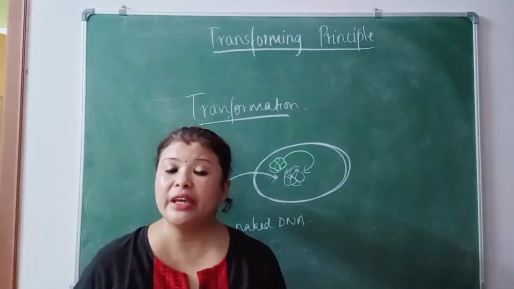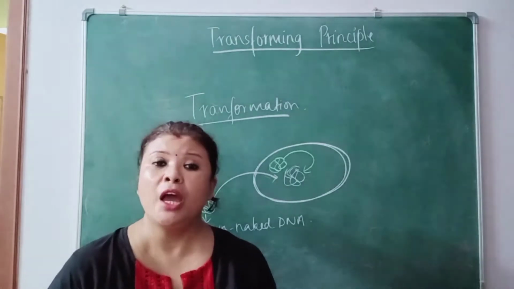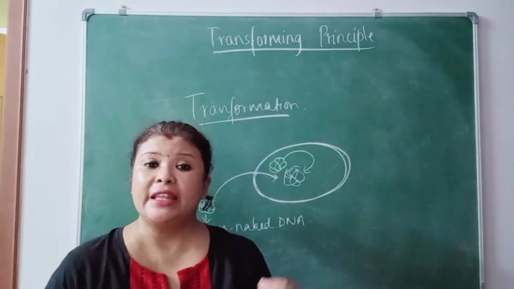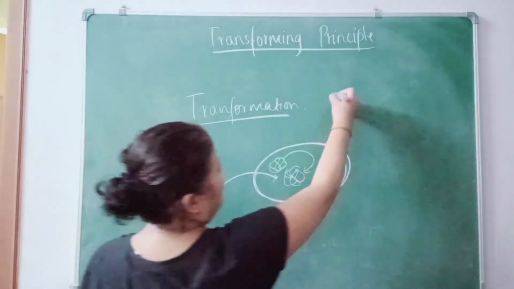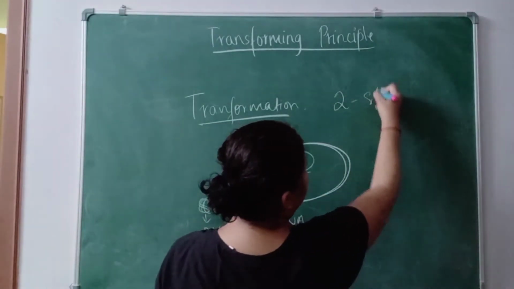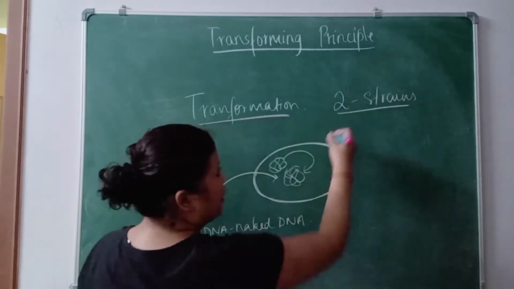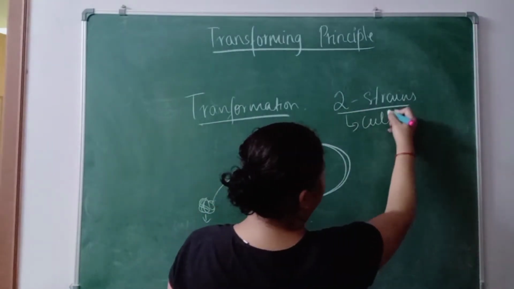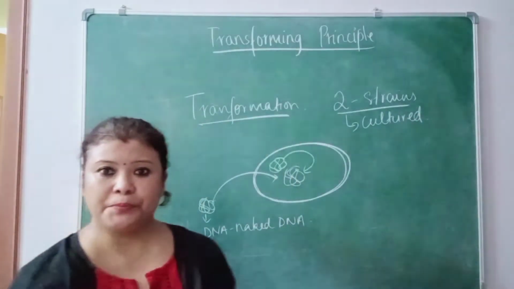Griffith was carrying out experiments on pneumonia, and in that process he cultured two different strains. We have to remember, two different strains of bacteria were cultured by Griffith.